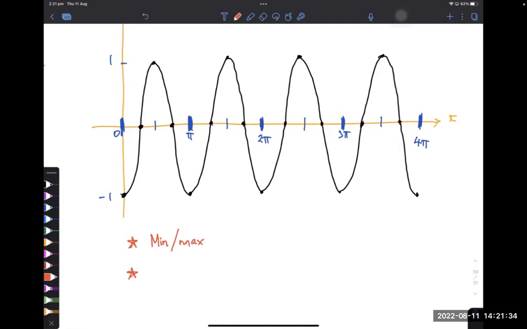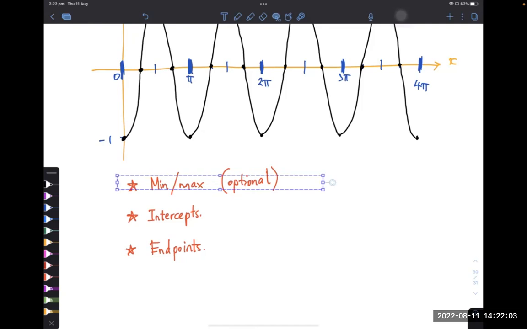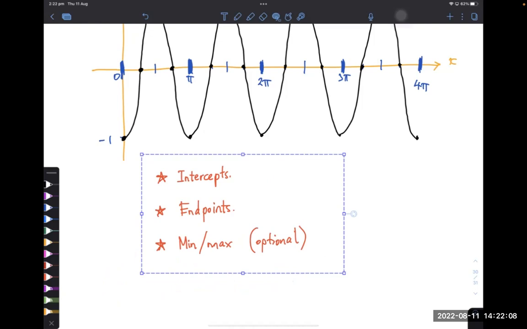Intercepts, correct. So when I say intercepts, it's X or Y, yeah? What else? Endpoints. Coordinates, yes. By the way, this one here is optional for max and min, yeah? I'm going to put that one last. The main ones we care about are intercepts and endpoints.